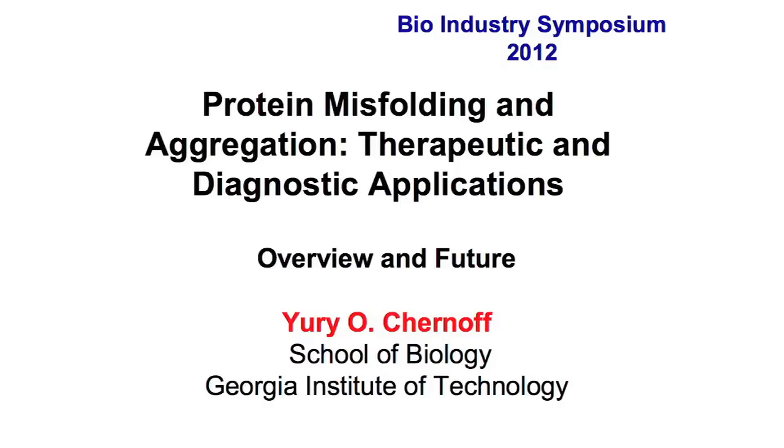Talking about protein misfolding and aggregation, with a focus on therapeutic and diagnostic applications, first I would like to give a very brief overview of what actually happens to a protein when it is synthesized in an in vitro system or in the cell.